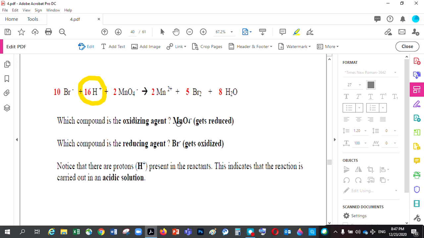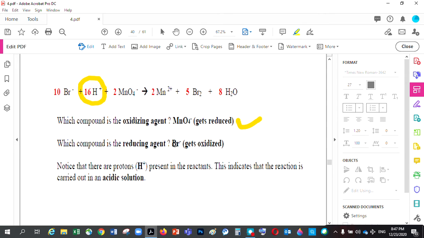So the question is, what is the oxidizing agent? I think we answered this. The oxidizing agent is the permanganate, forcing the bromide to be oxidized from -1 to 0. Itself will be reduced. Which one is the reducing agent?